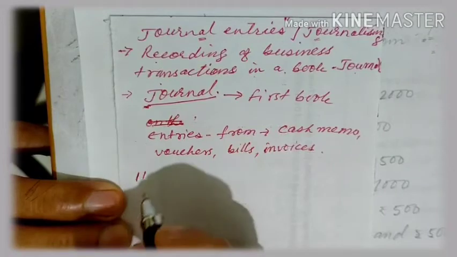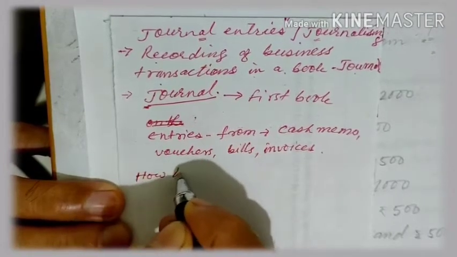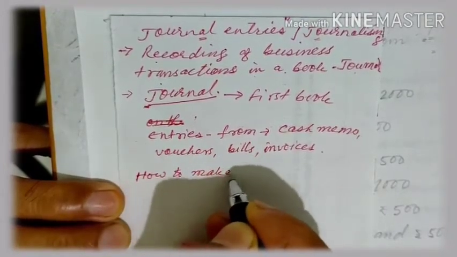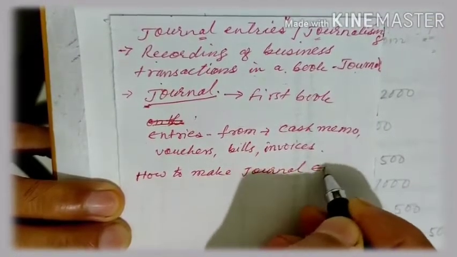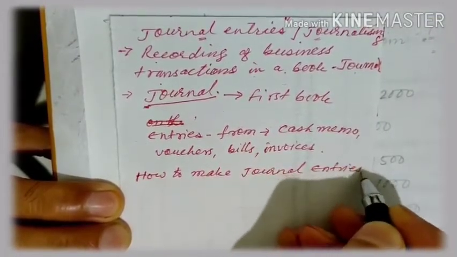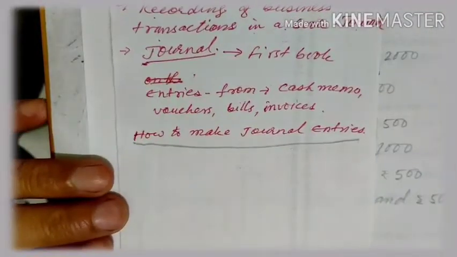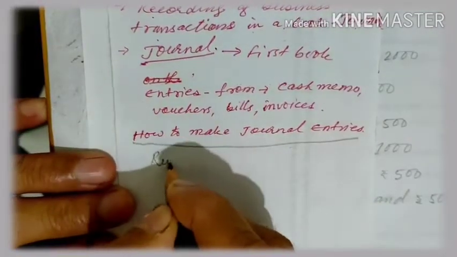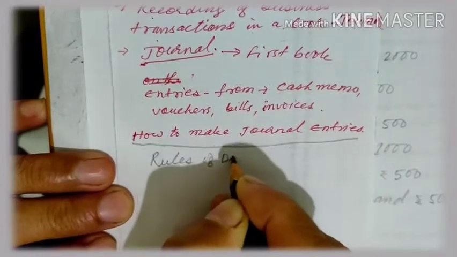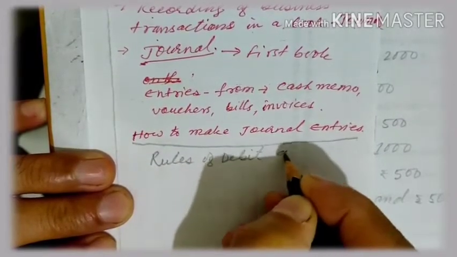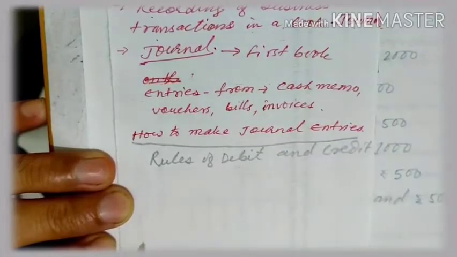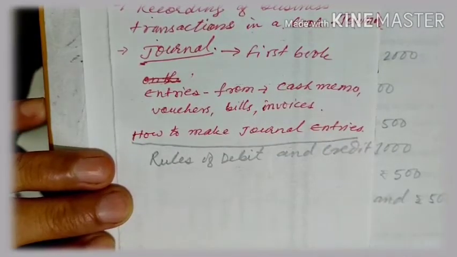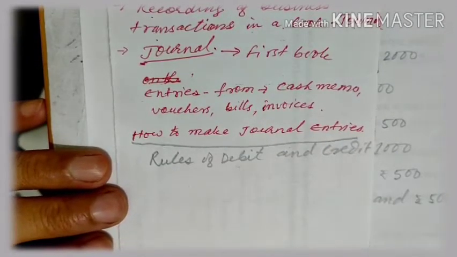Now we will try to understand how to make journal entries. Entries are made on the basis of rules of debit and credit. And these rules of debit and credit are different for three different kinds of accounts.